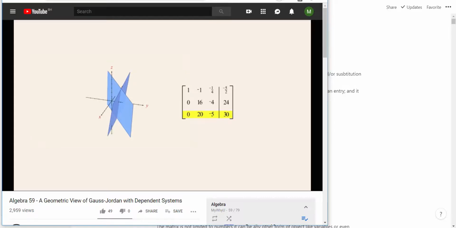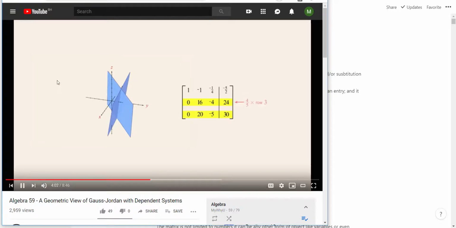Since both planes 2 and 3 rotated around the same line of intersection to become parallel to the x-axis, both planes are now identical. You may notice that matrix rows 2 and 3 are now multiples of each other. Row 2 is 4/5 times row 3, and row 3 is 5/4 times row 2.